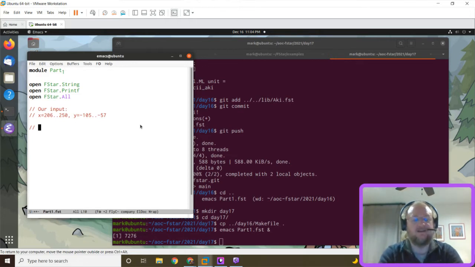So let's see. What is the x position going to look like? It's going to look like x velocity plus x velocity minus 1 plus x velocity minus 2, etc. And we'll stop when it hits 0.